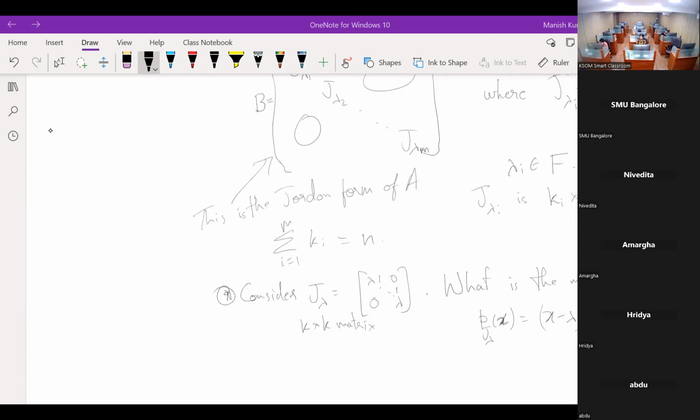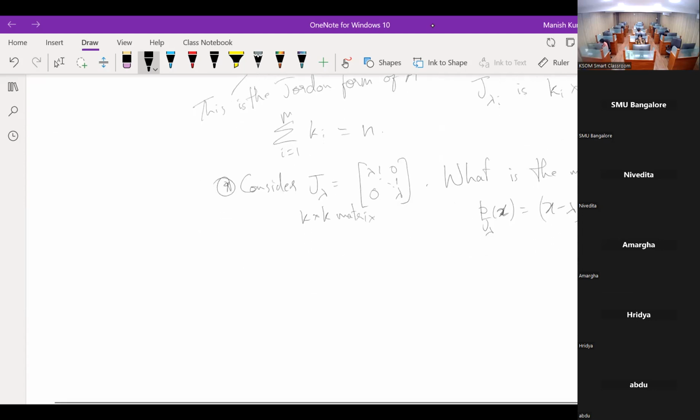So in this case, since I've written x instead of t, it's x minus lambda to the power k. If you square it, then these ones will move a little above. Maybe you can try this exercise: say 4 zeros, then 3 ones, and 0, 0, 0.